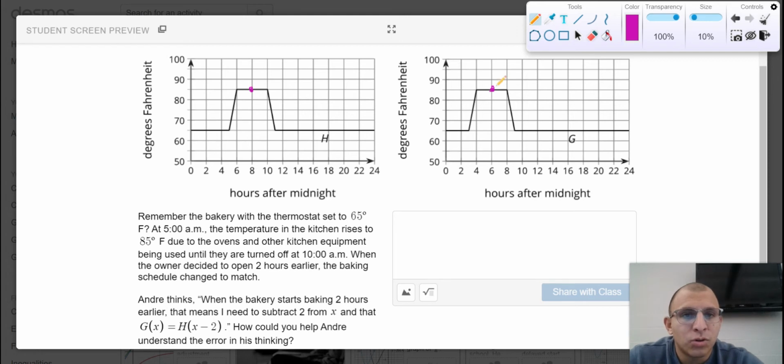So in order to algebraically represent what has happened, what mathematical operation and by what quantity do we need to modify the input value of g in order to return g to its original location in h?